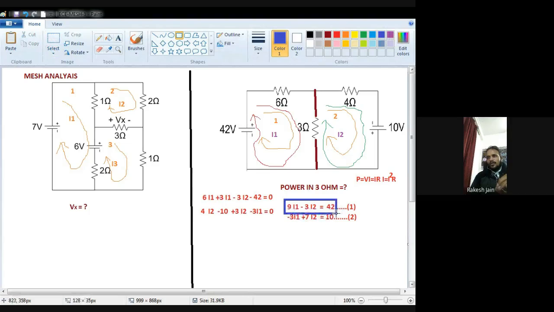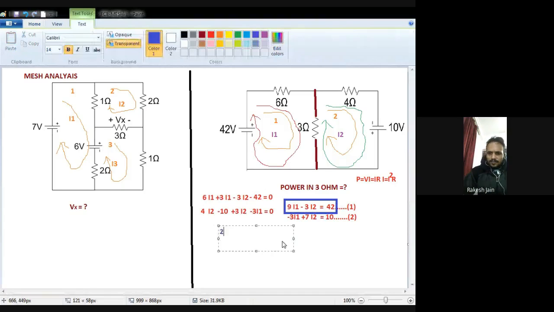So what will happen? 9 multiplied by 3 is 27. So 27 I1 minus 3 multiplied by 3, that is 9 I2, is equal to 42 multiplied by 3. 42 multiplied by 3 is equal to 126.